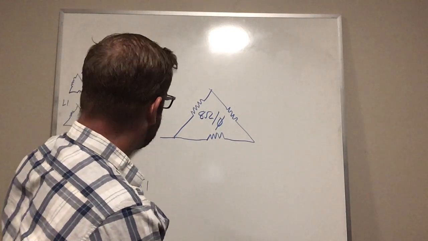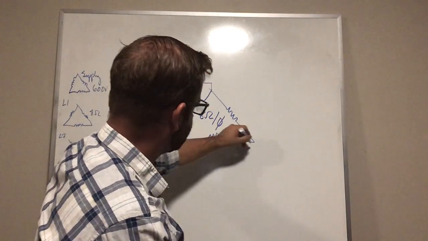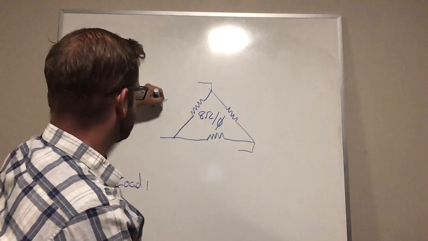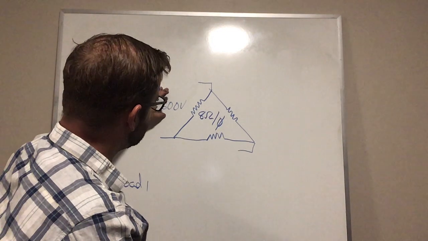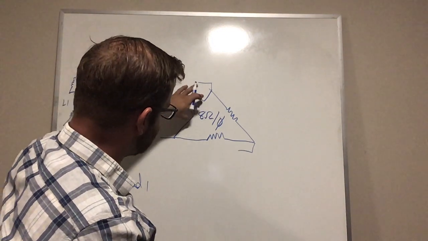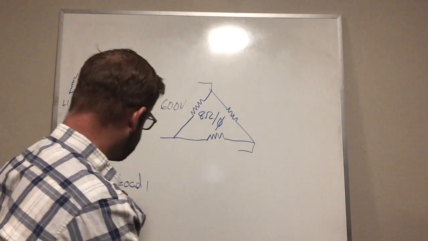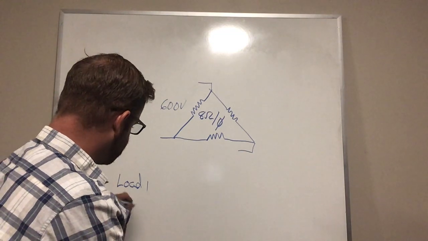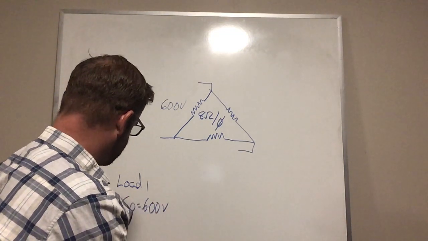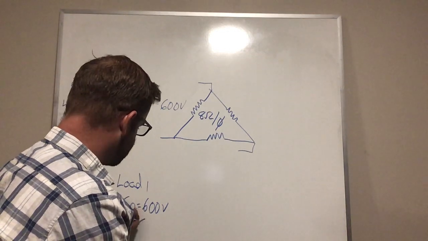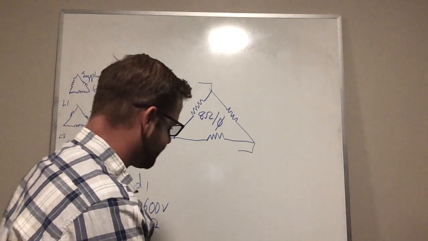And we knew that we had a supply voltage of 600 volts. And if we have 600 volts in the line, that means we also have 600 volts per phase. So E phase is equal to 600 volts. Our resistance is 8 ohms.